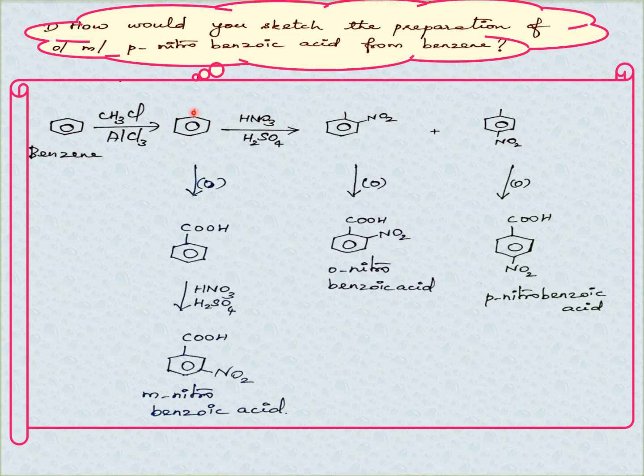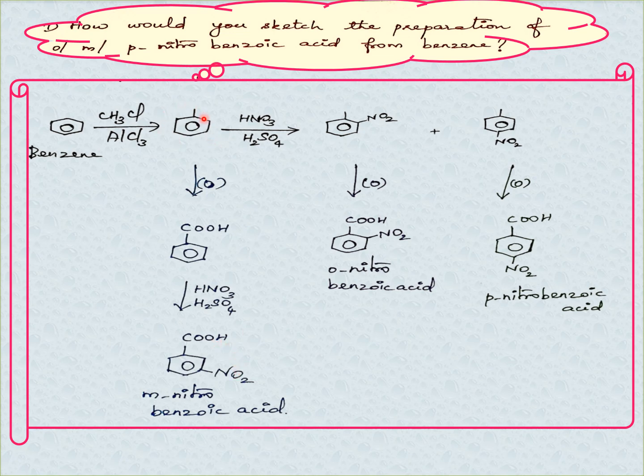It may be an alkyl. So the alkyl group was introduced by alkylation of benzene. We are getting toluene as a product, which on oxidation gives an acid, that is benzoic acid, followed by nitration with nitric acid and sulfuric acid. It gives meta-nitrobenzoic acid, as the acid functional group is a meta-directing group.